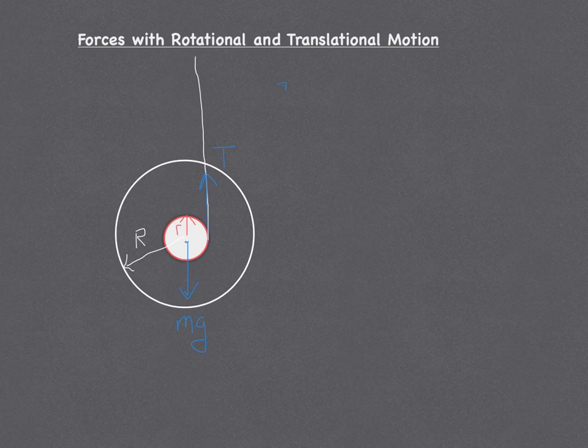So for a translational force equation, we just have mg minus tension, making the direction of acceleration positive.